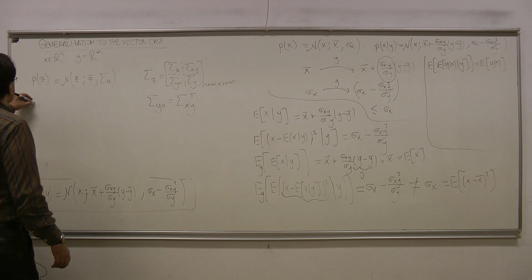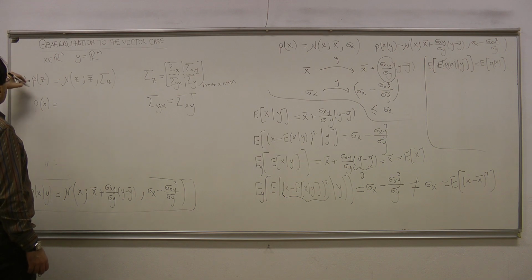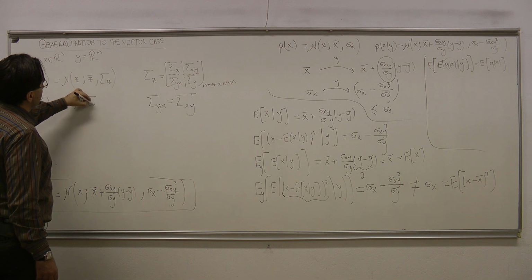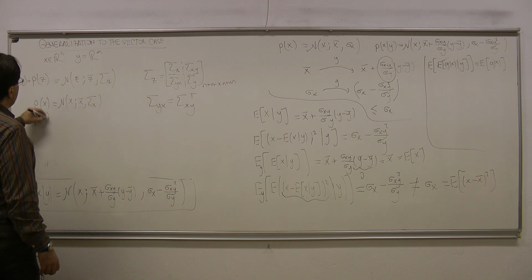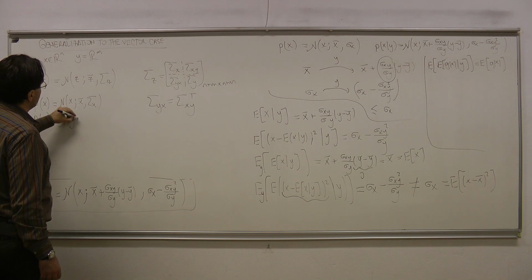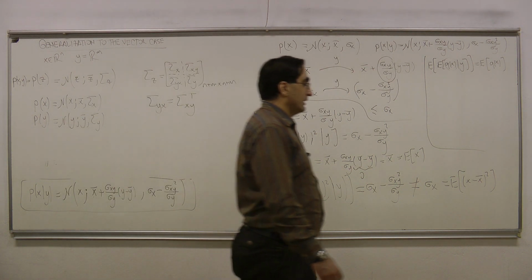So in that case, the marginal distribution of x is normal with x bar and sigma x, and p of y is equal to normal with y bar and sigma y. Okay?